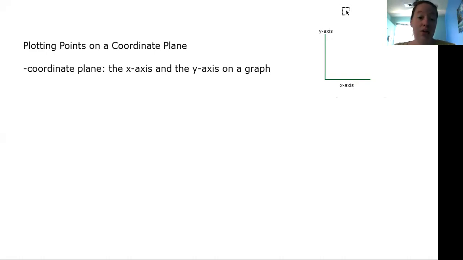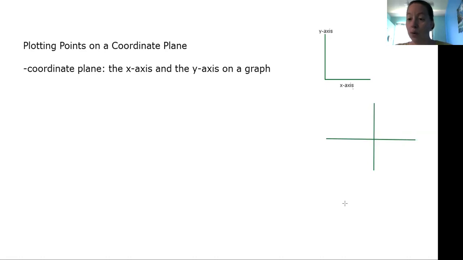Now, the other coordinate plane that we ended up with slightly later looks like this. Does that one look more familiar? This is a 1, 2, 3, 4 coordinate plane.